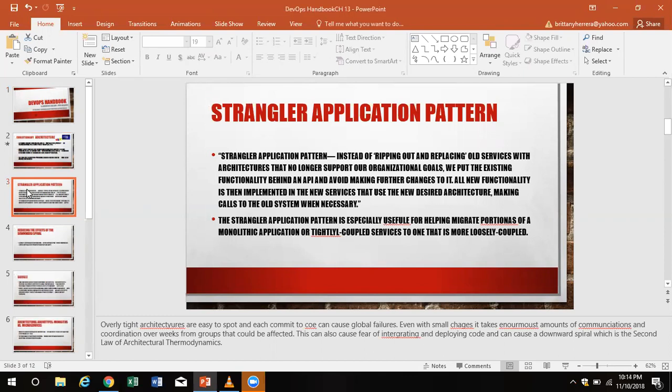The strangler application is really useful for migrating monolithic applications and tightly coupled services. Tightly coupled architectures are easy to spot, and they usually cause big global failures. Even small changes to them take a lot of communication and coordination over many weeks with the groups that are affected, and it can cause a lot of fear and a downward spiral, which is basically the second law of architectural thermodynamics.